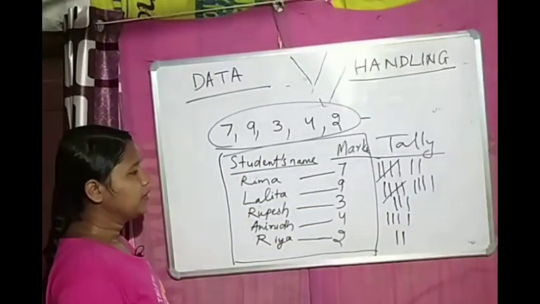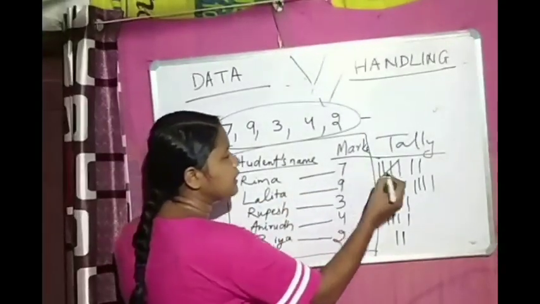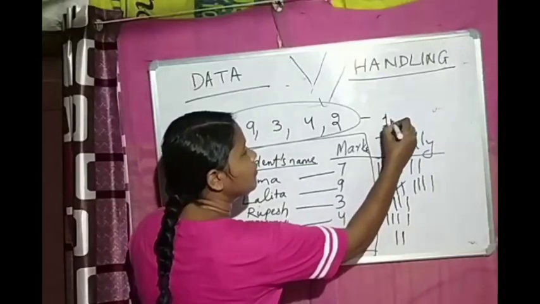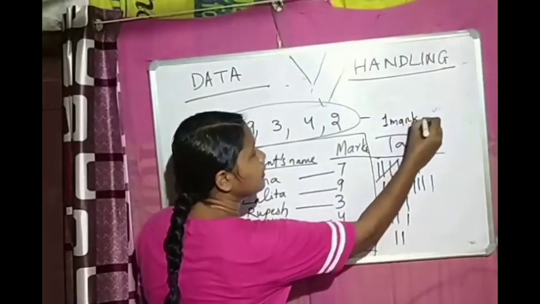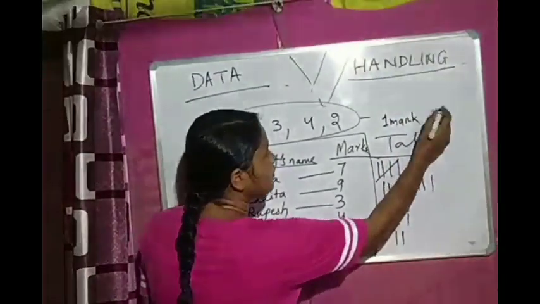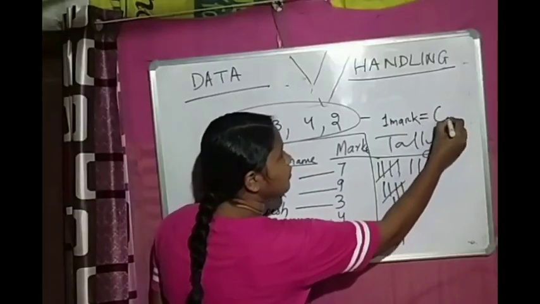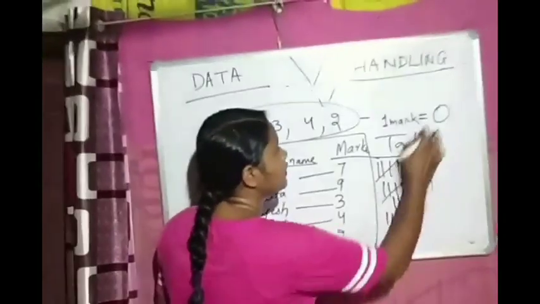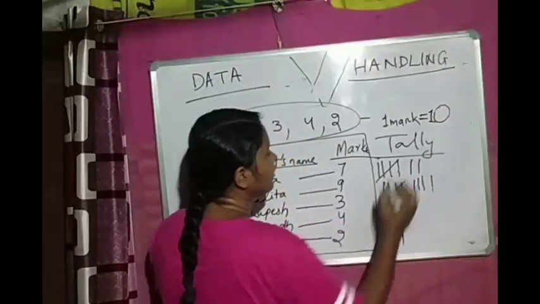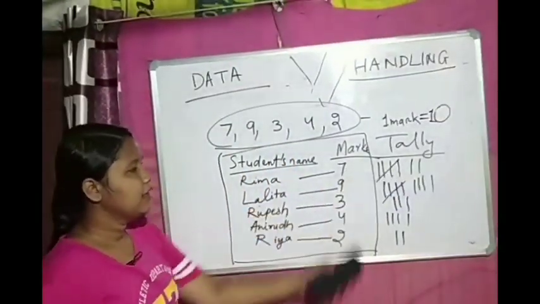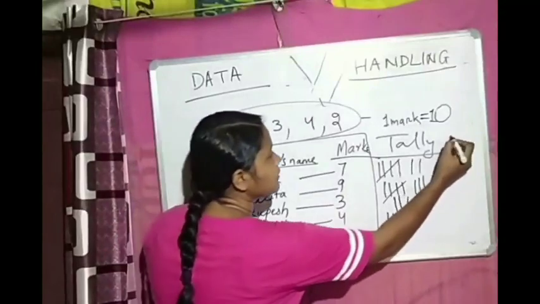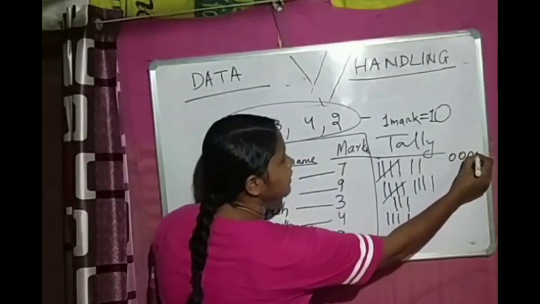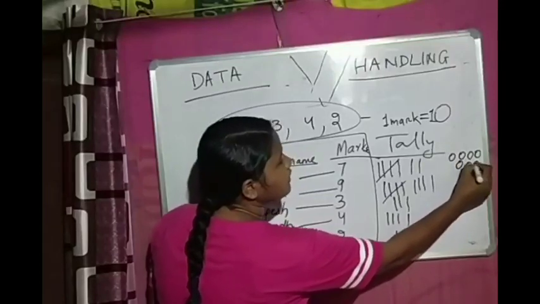Next, pictograph. If we represent these marks with pictures, for 1 mark we take 1 circle. So for Rima's 7 marks, the pictograph will show 7 circles.